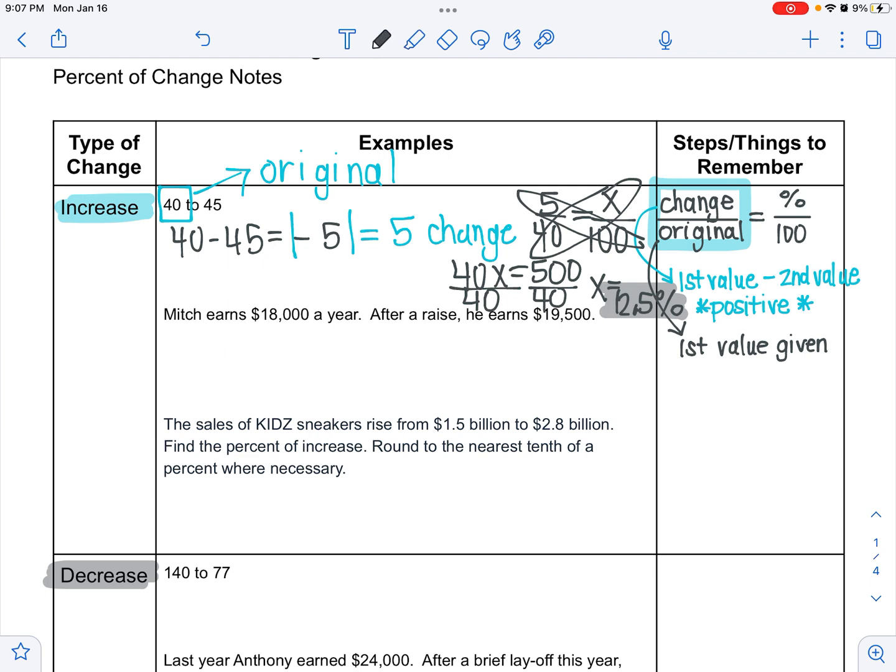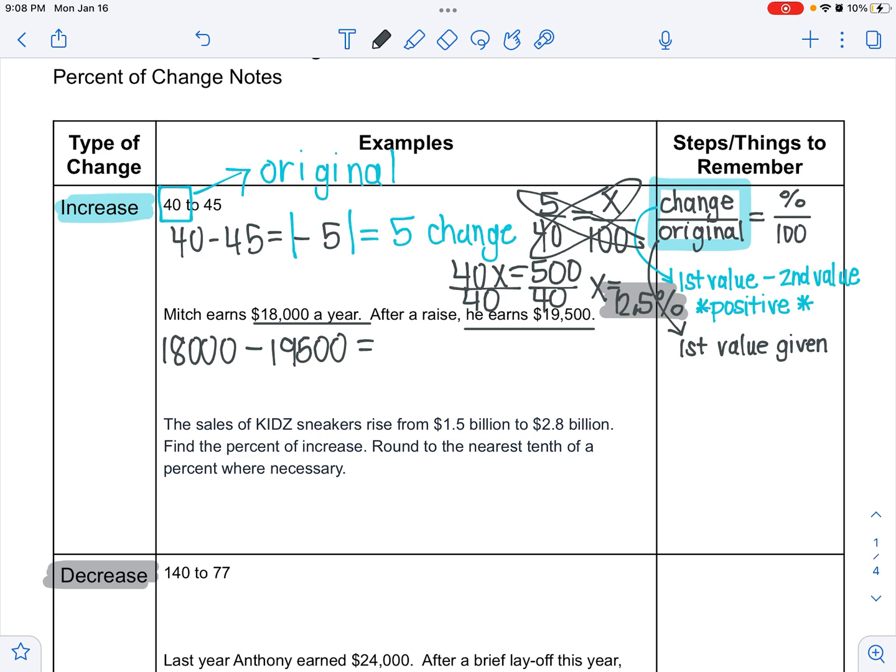Let's go to problem number 2. In problem number 2, Mitch earns $18,000 a year. After a raise, he earns $19,500. So again, we're going to take the first value minus, I'm sorry, that was not 18,500, that was just 18,000 minus 19,500.